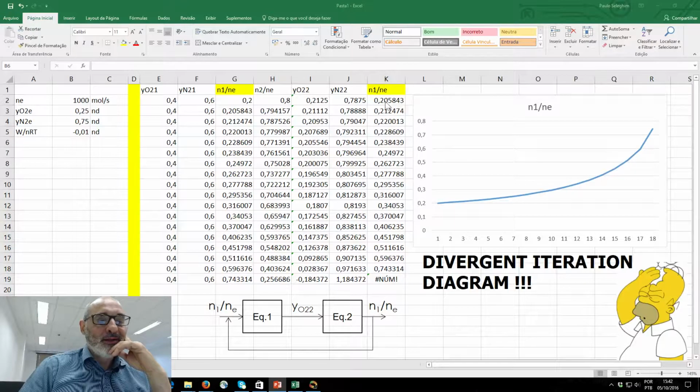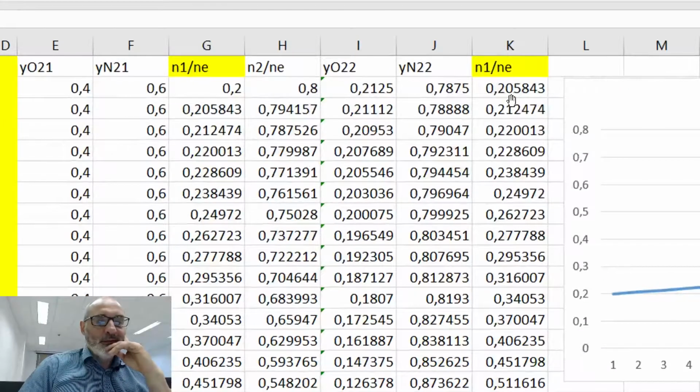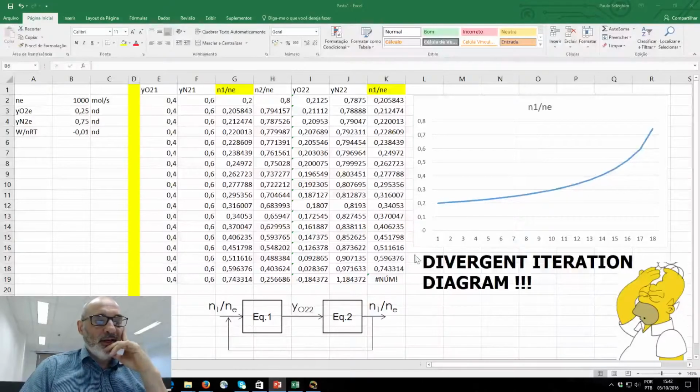So this number goes back, let me zoom there. Here. So this number here, 0.205843, comes here, 0.205843, and you get 0.2124, 0.2124, you see where it's going.